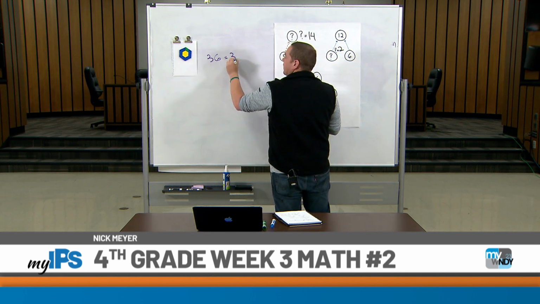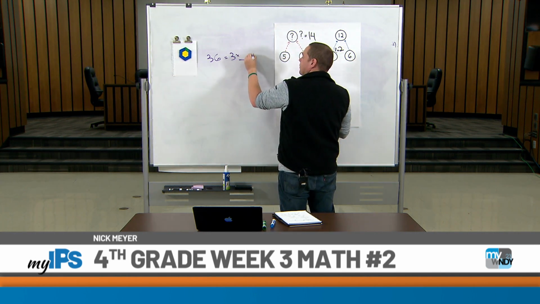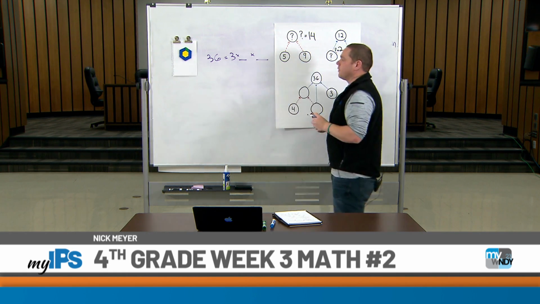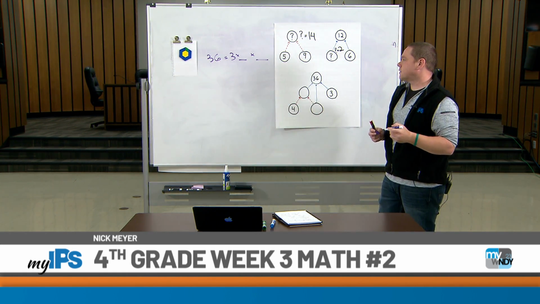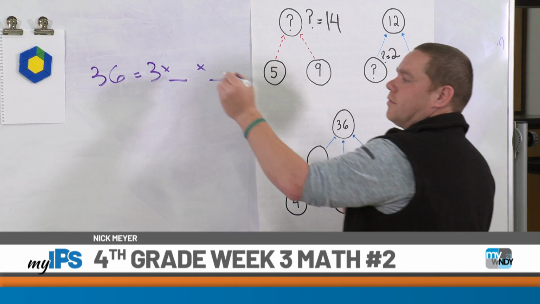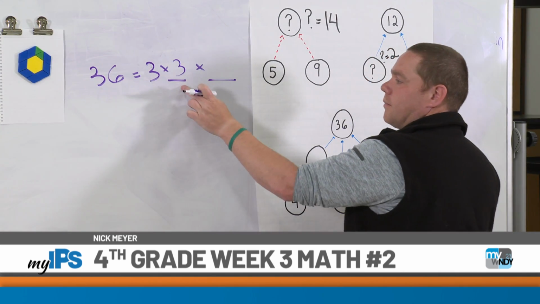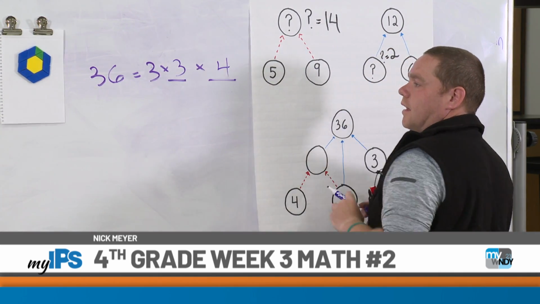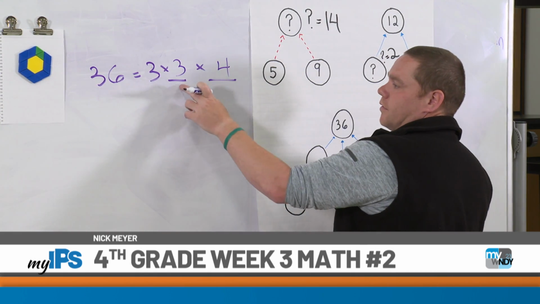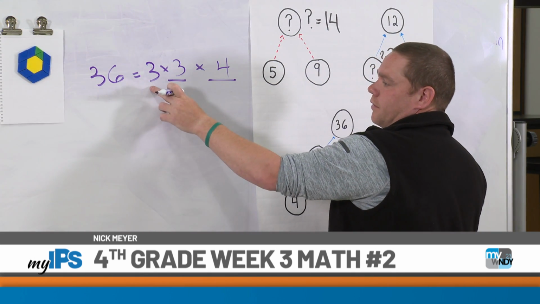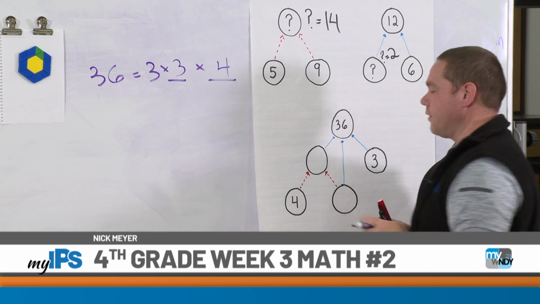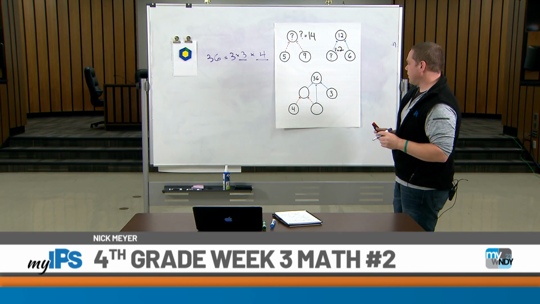So 3 times some number equals 36. So I could do 3 times 3 times 4. 3 times 4 is 12, times 3 is 36, or 9 times 4 is 36. So would that work all the way here?